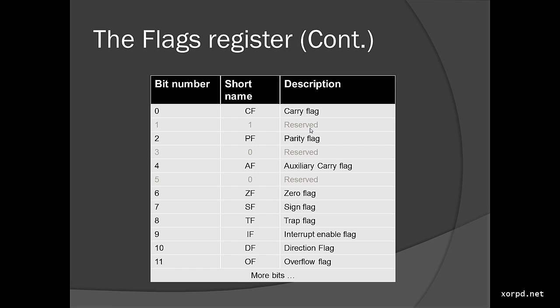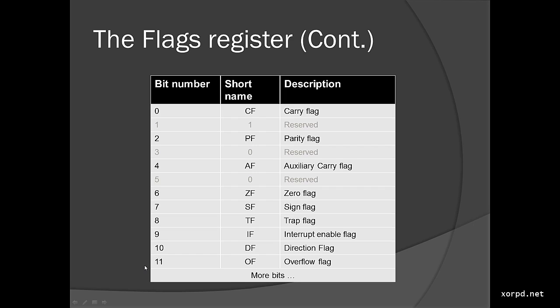Maybe one day some kind of new flag will be needed, and then the developers of the processor could use this placeholder as a new flag, or maybe this one. But currently it is not used, so it is reserved. The reserved flags are marked with gray in this table. There are 3 reserved flags, at least in this range. There are even more reserved flags if you go on with the bits.